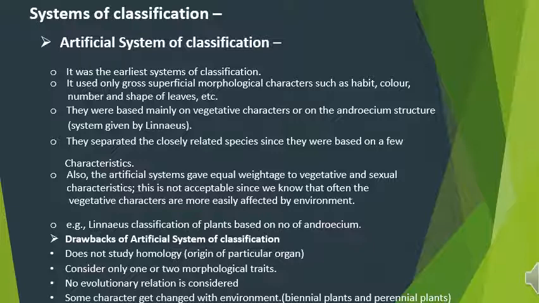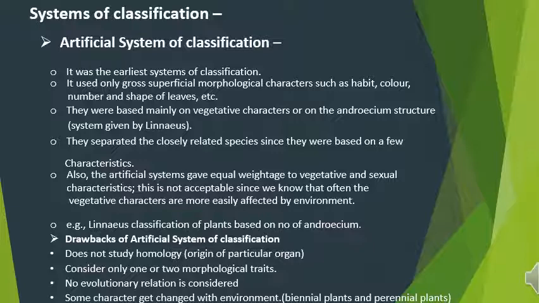So, for example, the Linnaeus classification of plants is based on the number of androecium in the plant. So what is this androecium? Androecium means the male reproductive part of the plant.